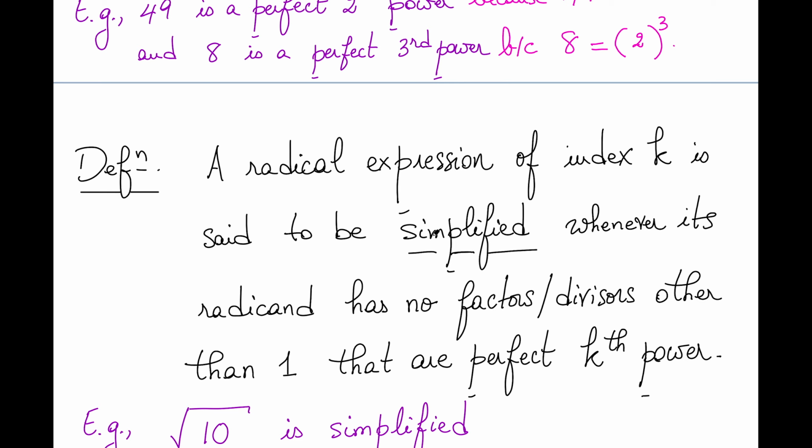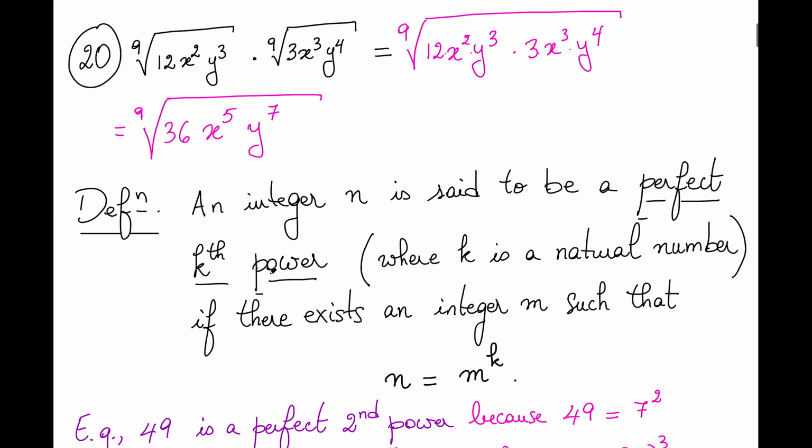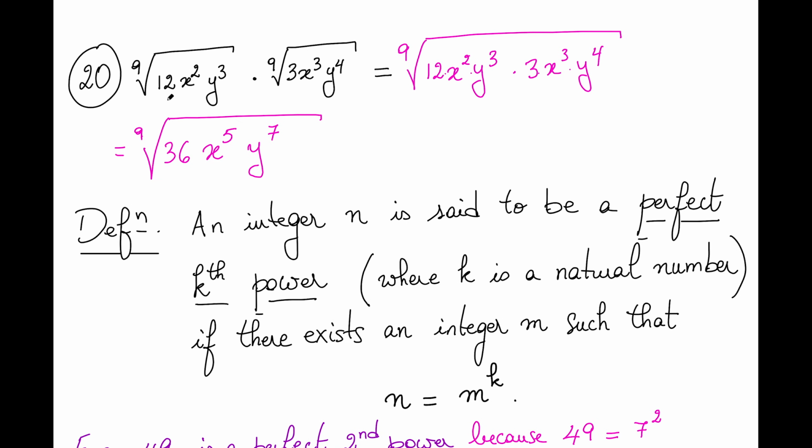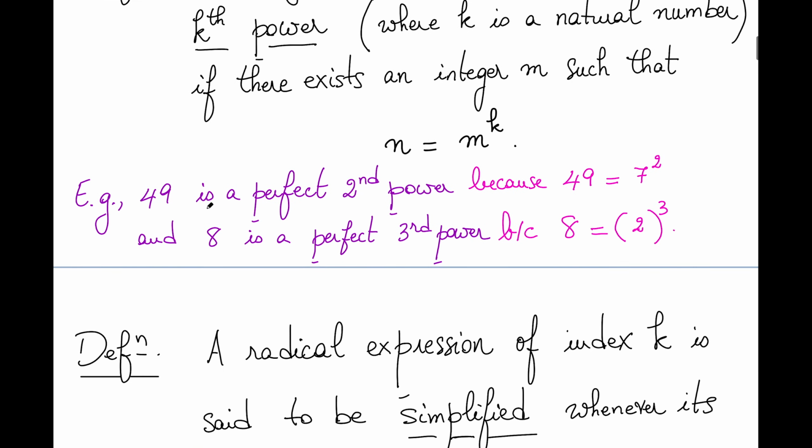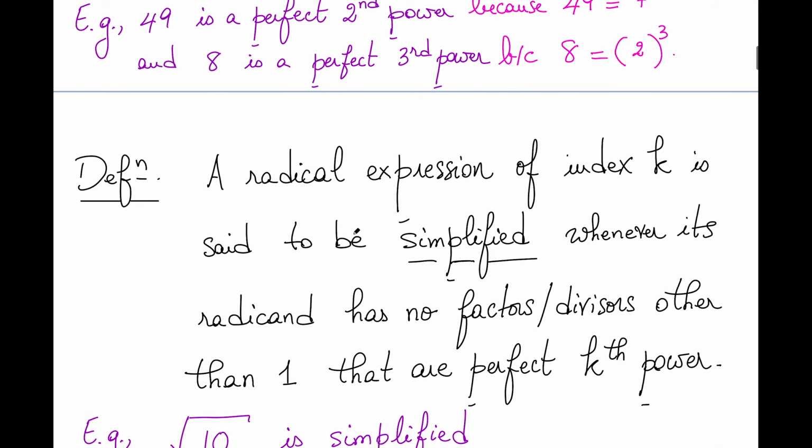So we're defining the word simplified. Whenever its radicand, what's the radicand? The radicand is the guy that sits under the umbrella. So in this case, 12x squared y cubed is the radicand of the first expression. 3x cubed y to the power 4 is the radicand of the second one, right? And so on.